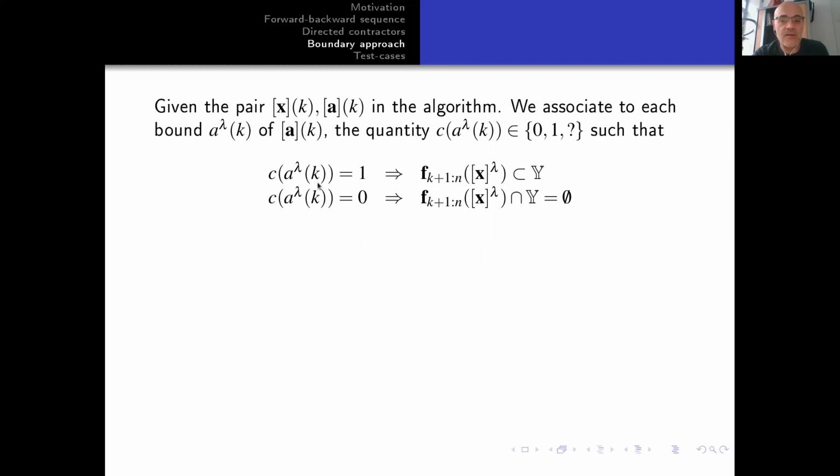Such that, for instance, when it is 1, it means that the boundary is sent inside Y. When it is 0, this face is sent outside Y. So we need to have this property.